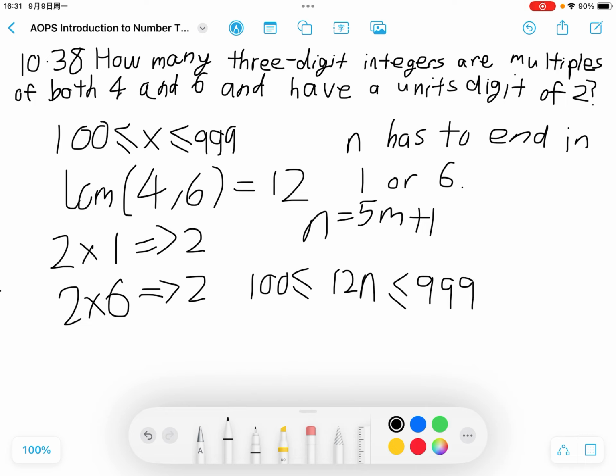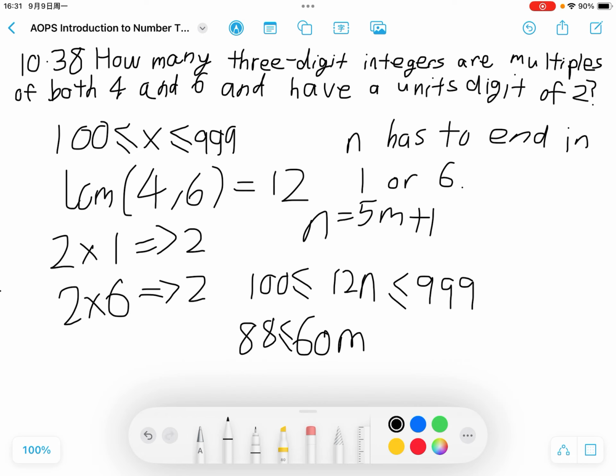So what's 12n though? If you multiply 5m plus 1 by 12, it's just 60m plus 12, between 100 and 999. So if you subtract 12 from all sides, you get 100 minus 12, which is 88.